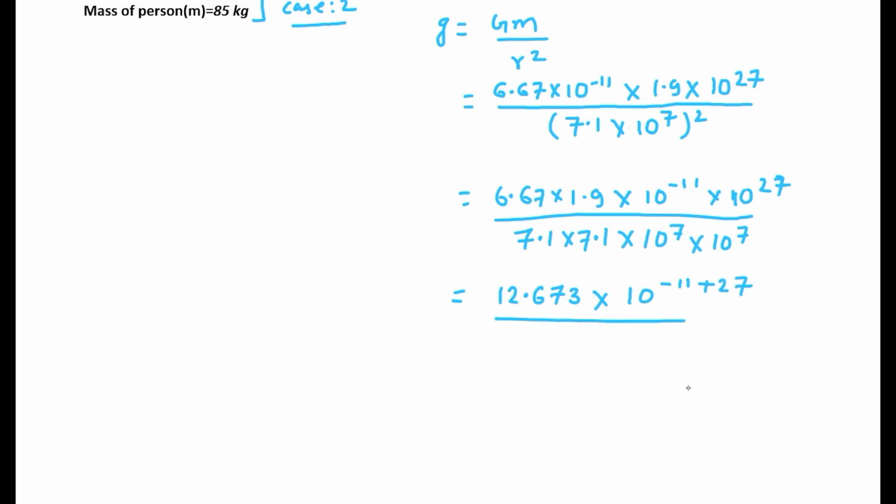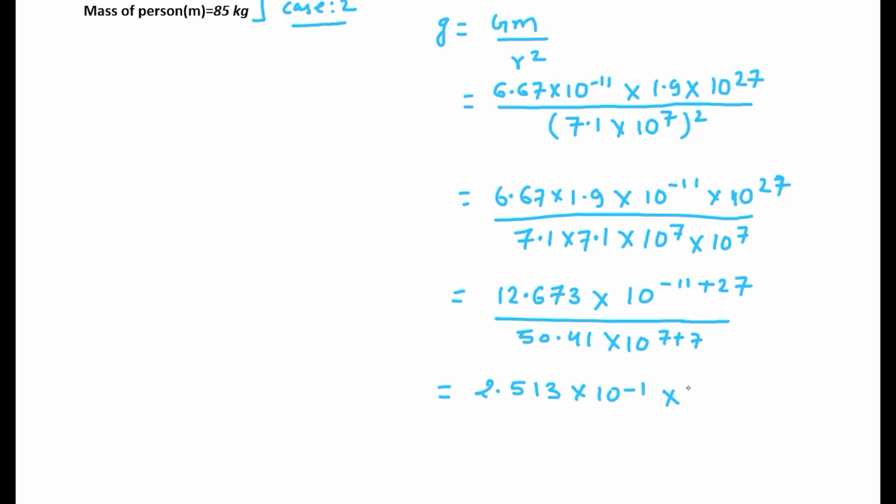And here 7.1 into 7.1, the required value is 50.41, and here also the base is the same, so it becomes 7 plus 7. First of all divide this term, 12.673 divided by 50.41. The required value is 2.513 into 10 to the power minus 1.